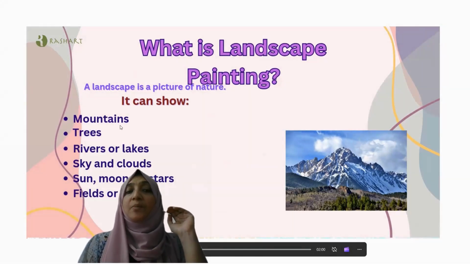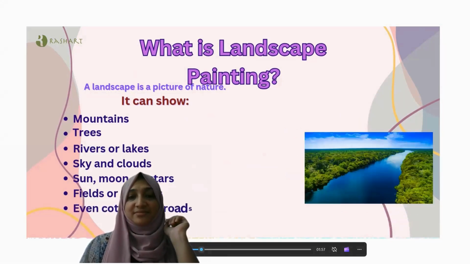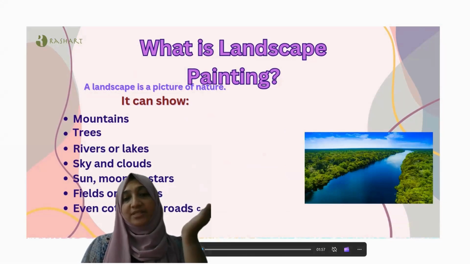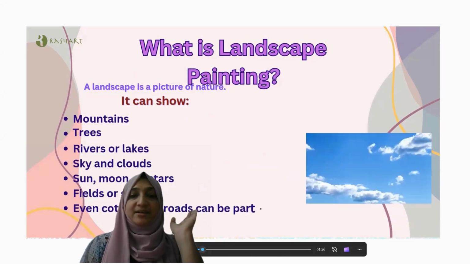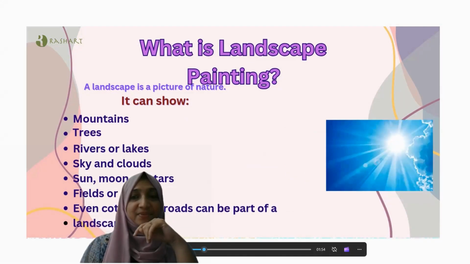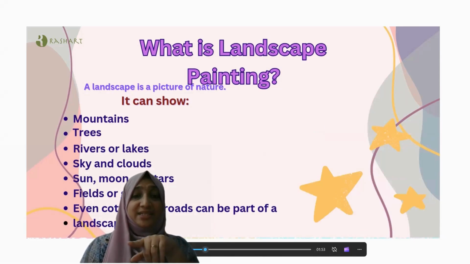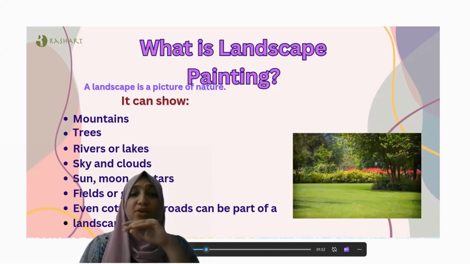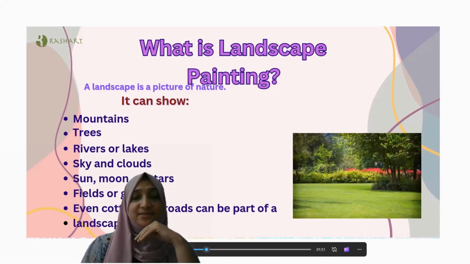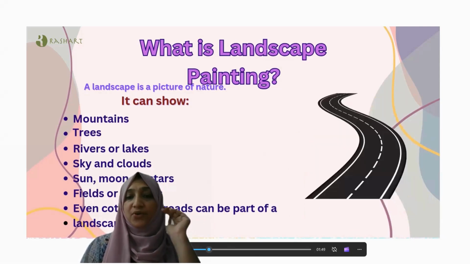It can show mountains, trees, rivers or lakes or sea, sky and clouds, sun, moon, stars, fields or gardens. Even cottages or roads can be a part of a landscape.